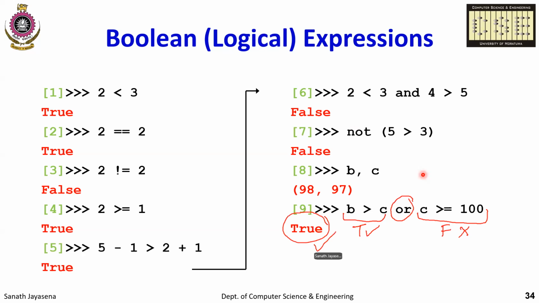So that is how OR works, right? If you're performing an OR operation, as long as at least one of the operands is true, the overall result is true. When both operands are true, the result will also be true. The result will be false in the OR operation only if both operands are false, right?